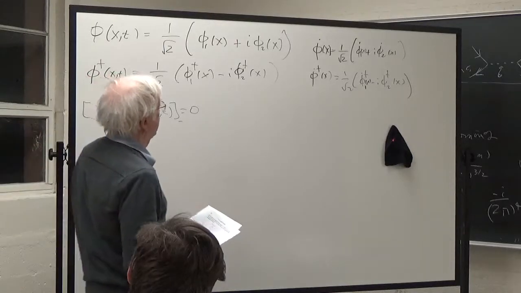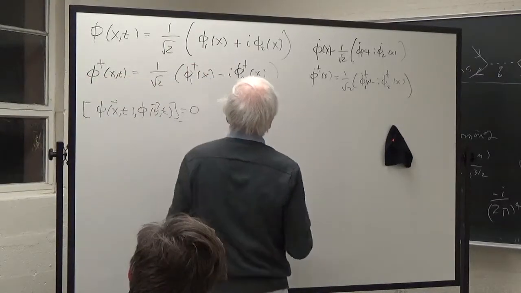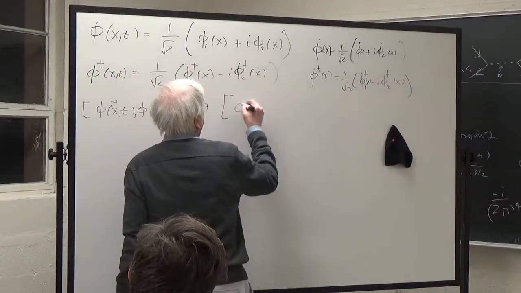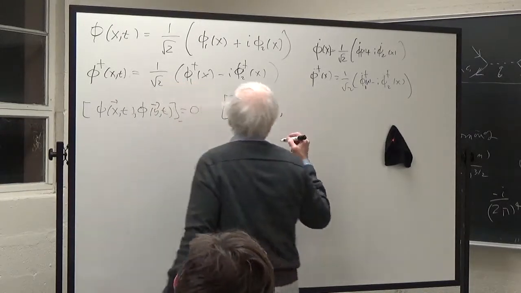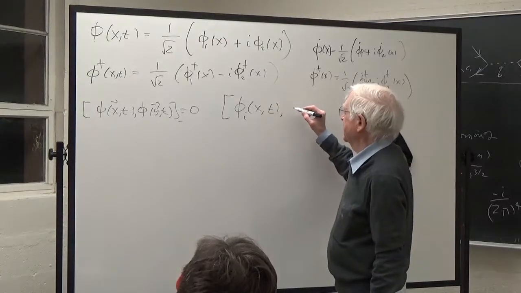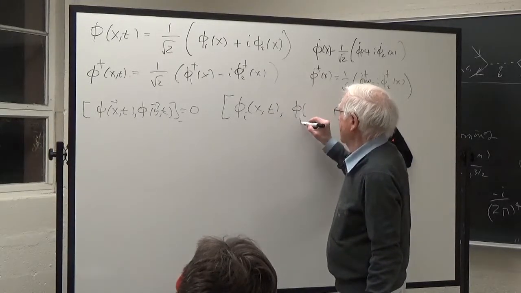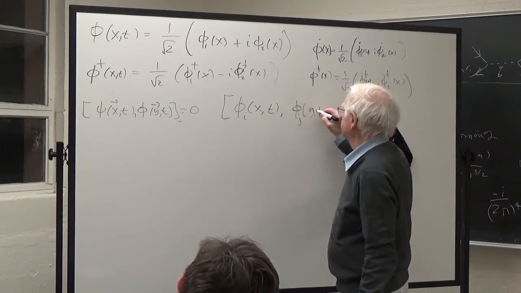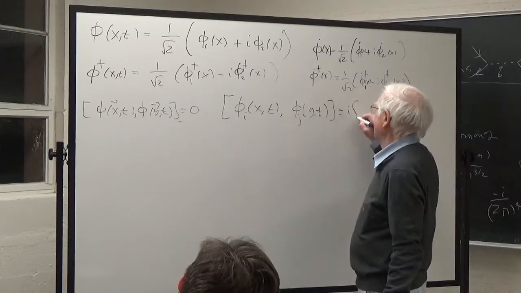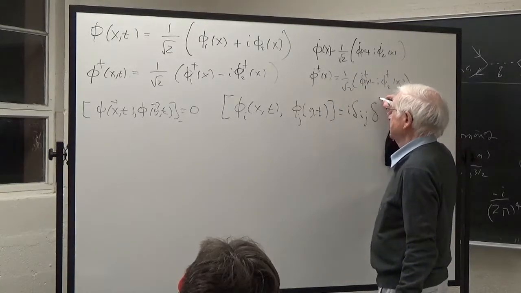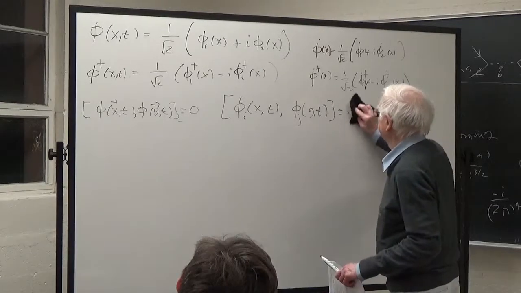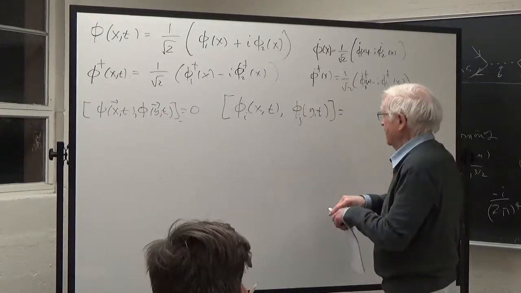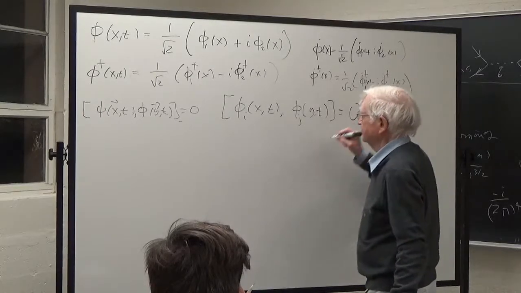What we're assuming here is that the commutation relations for phi i of x and t with phi j of y and t are just 0.